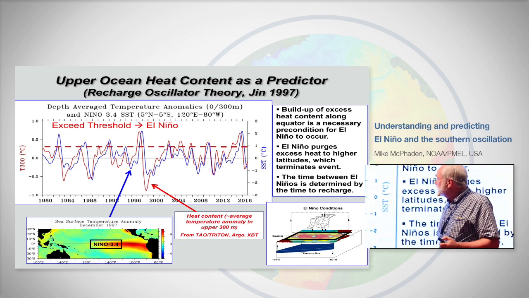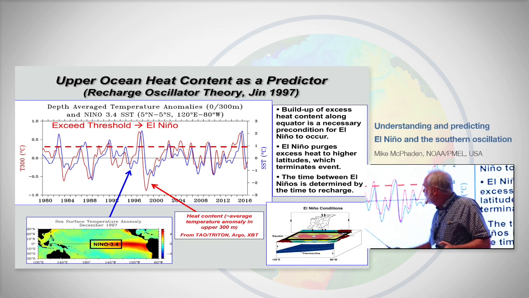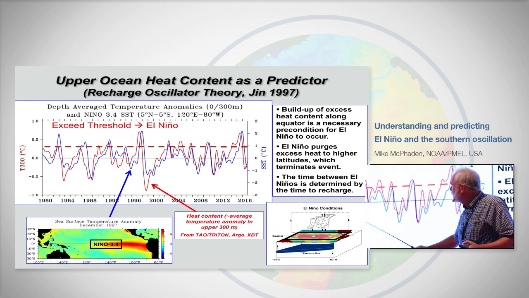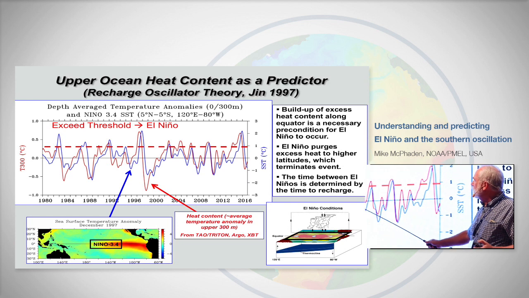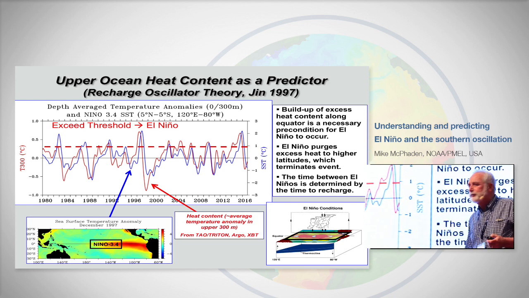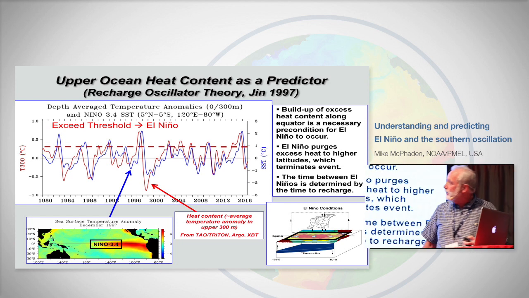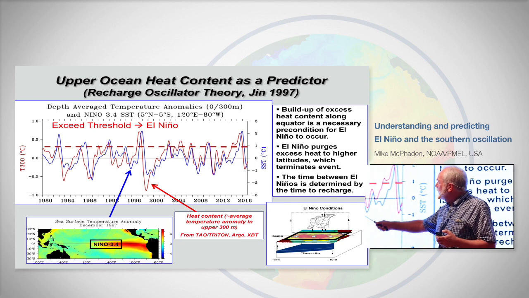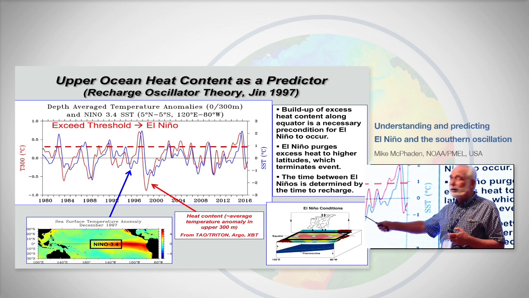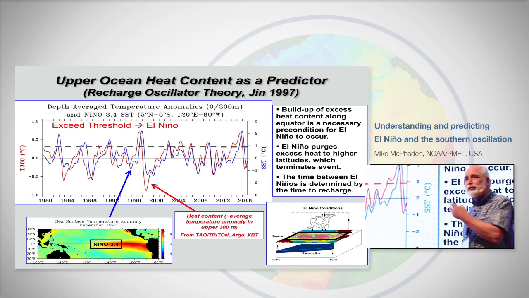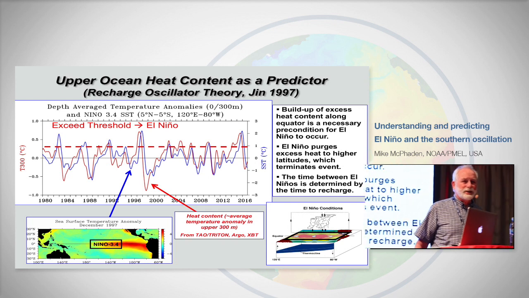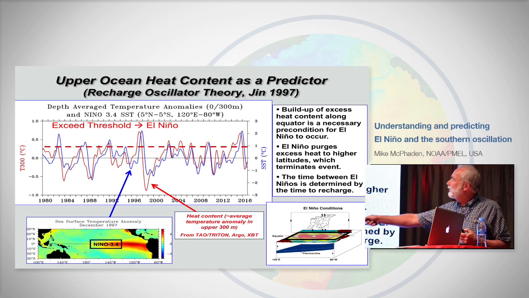And so this red curve now, this is a useful predictor. You see if it exceeds some threshold, the likelihood for El Niño greatly increases. The biggest buildup of heat content preceded the strongest El Niño on record, with 97-98. The second biggest buildup of heat content in this record preceded the most recent El Niño.